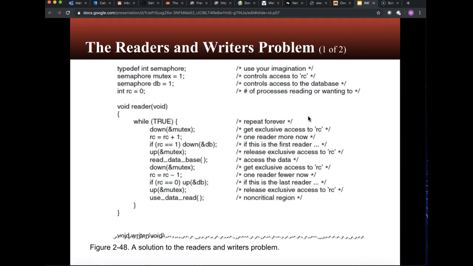If everybody's reading all the time, no big deal. That doesn't really change anything. But when the first process comes in and wants to change something, modify something, write something, that's where we have to think about, well, what do we do to the readers?